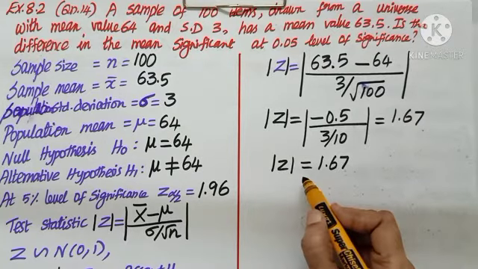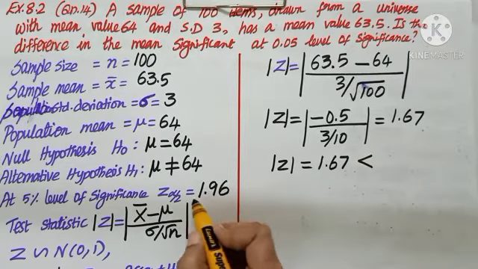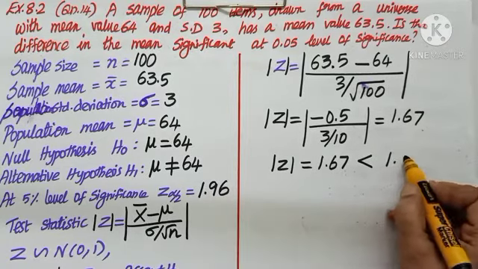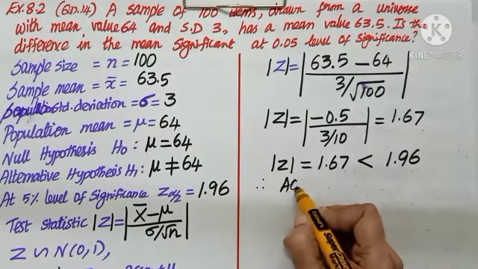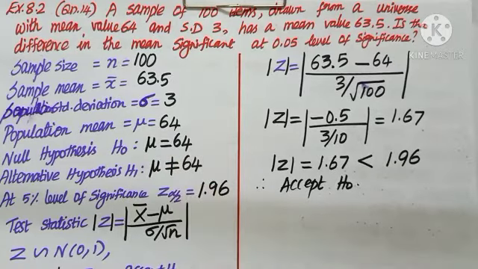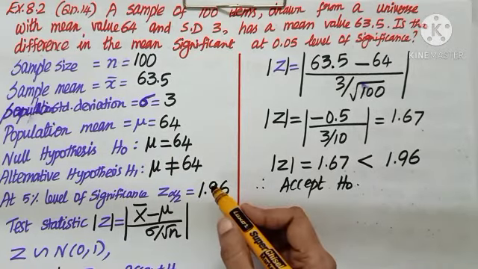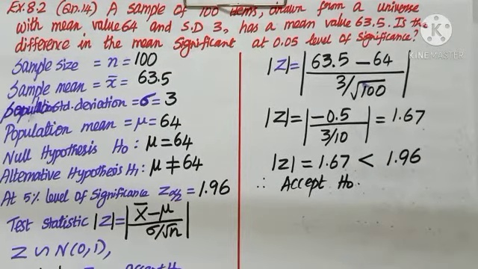We get mod Z 1.67, which is less than the critical value 1.96. Therefore, accept H naught. What is H naught actually? Mu equal to 64. What is the question actually? Is the difference in the mean significant?